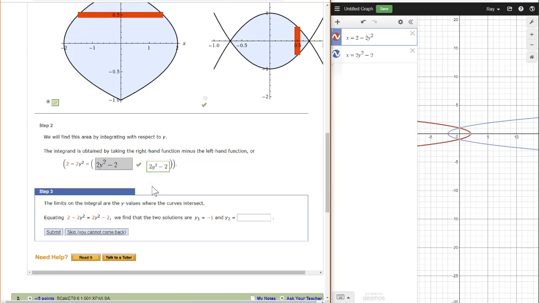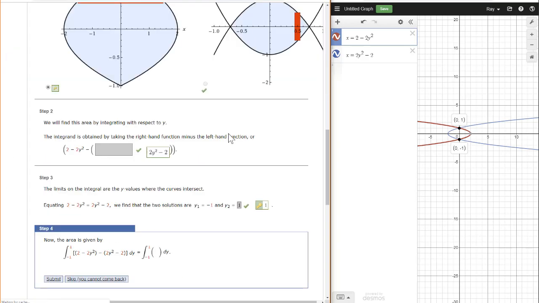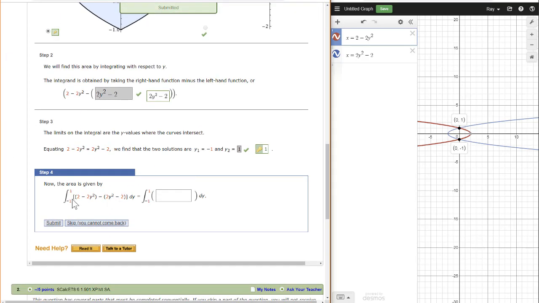We'll simplify that, but first we figure out the limits of the integral, the y values where they intersect. It was clear here that it goes from negative 1 to 1. We verified it with our graph in Desmos. So y1 is negative 1, and y2 is positive 1. Now that we have the limits and the integrand, we're going to integrate.